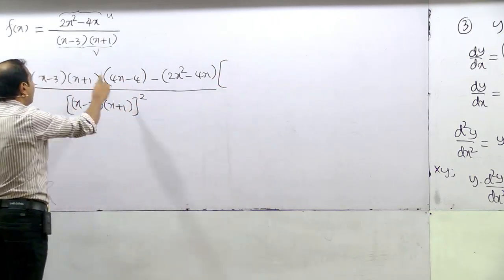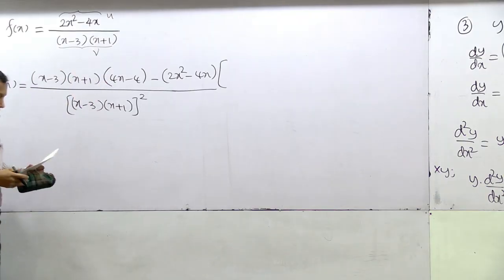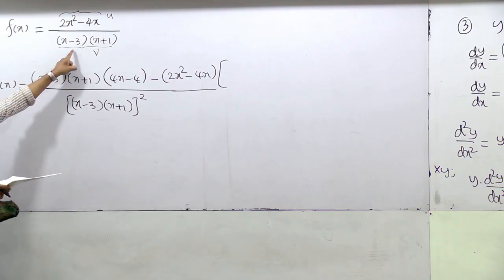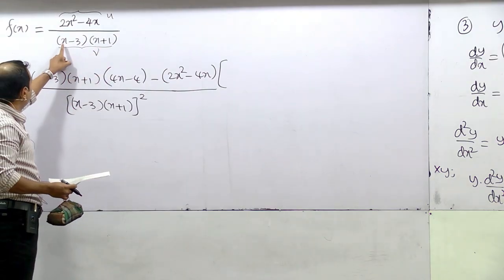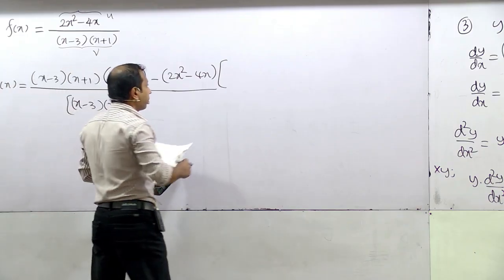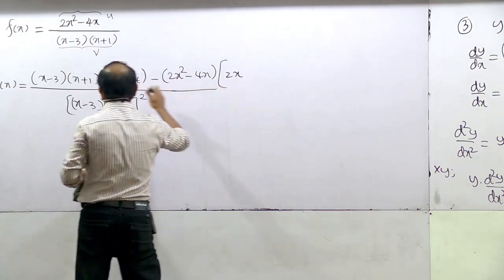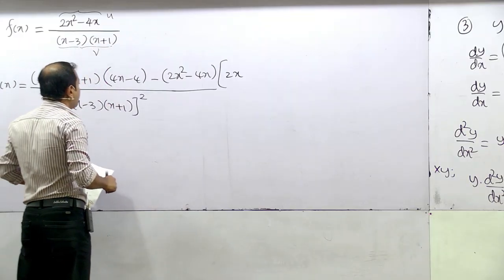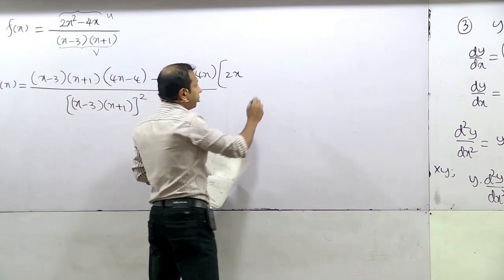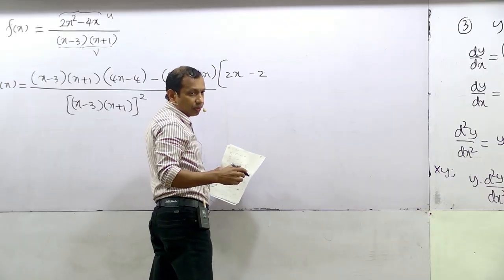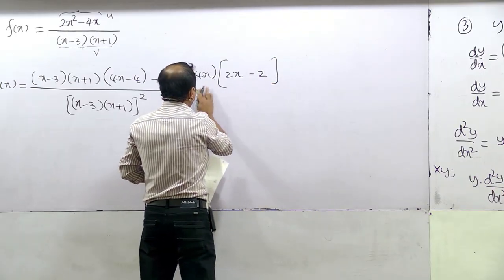Now differentiate this product. To differentiate that product, don't use the u times v product form. Remove the bracket: x² has derivative 2x, minus 3x and plus x gives minus 2x, derivative is minus 2, and the constant minus 3 has derivative 0.